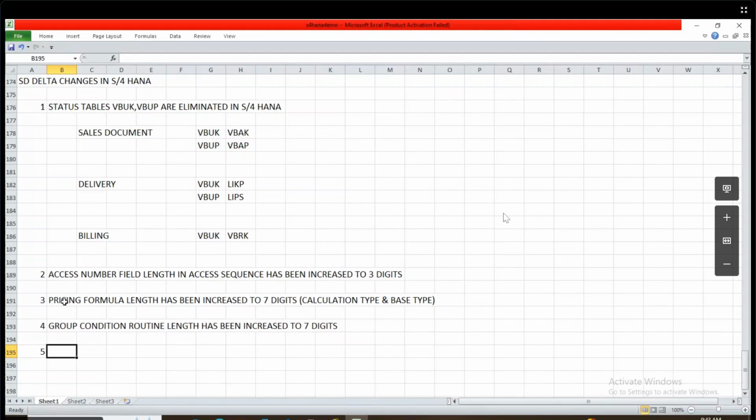Next, pricing requirement length has been increased to 7 digits.